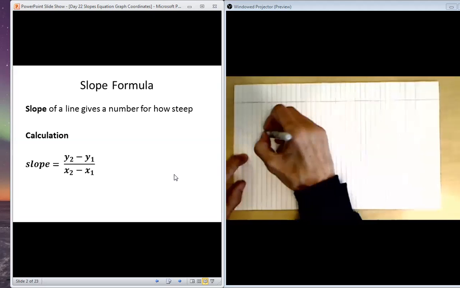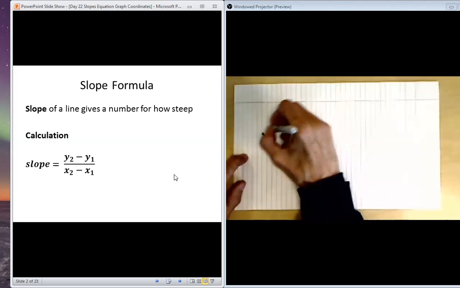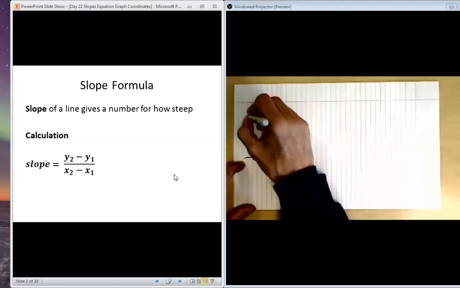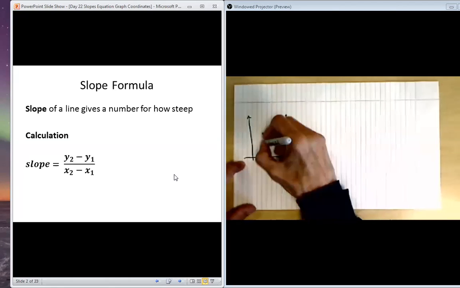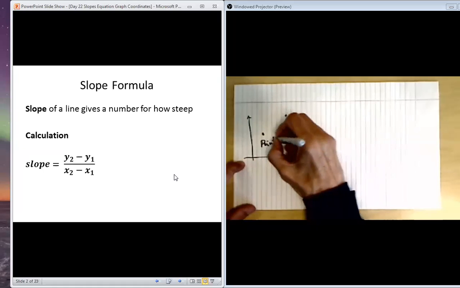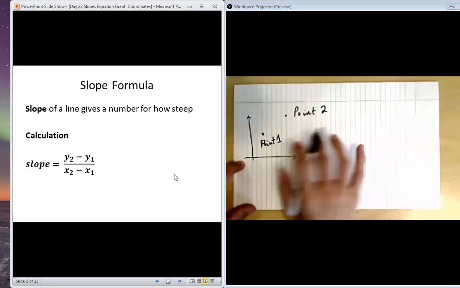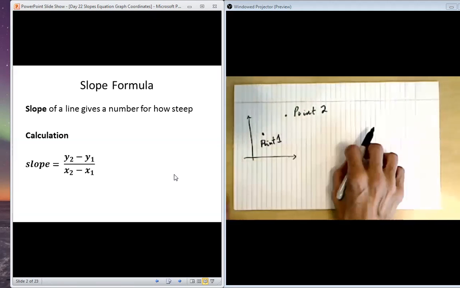If you have 2 points, and they're probably going to be on a graph. If you call this point number 1, you can call that point number 2. It might be the other way around. Officially, it doesn't really matter.